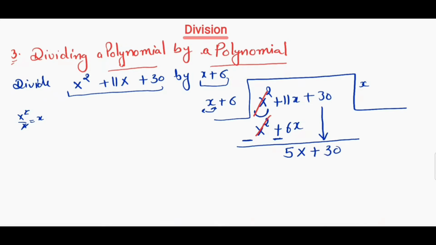Next we have to see that here it is 5x and here x. Now again we have to repeat this step. Now divide 5x by x. What will we get? We'll get 5. What sign will we get here? Plus 5. And after that what do we have to do?